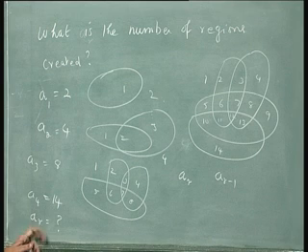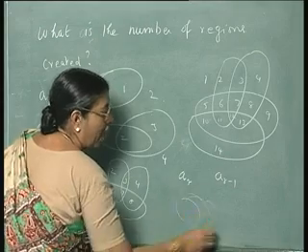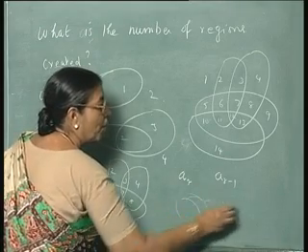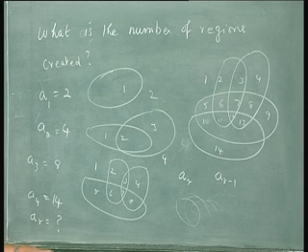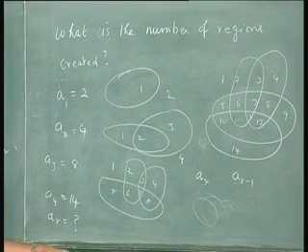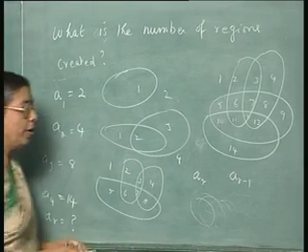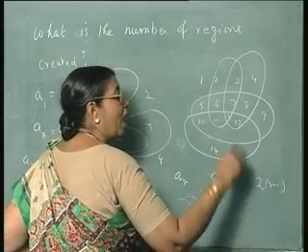What is the relationship between them? After drawing r minus 1 ovals, the rth oval you draw will intersect each of the first r minus 1 ovals in 2 places. So, how many intersections will there be? There will be 2 into r minus 1 intersections for the rth oval.